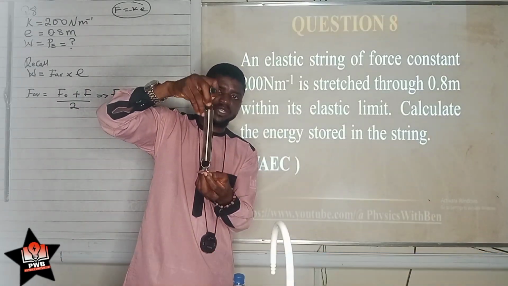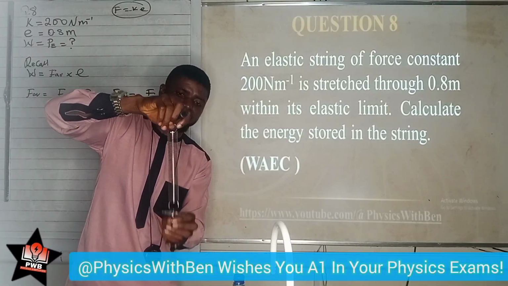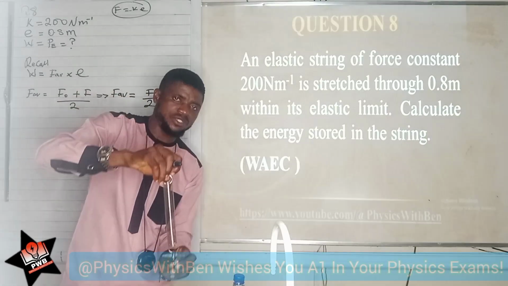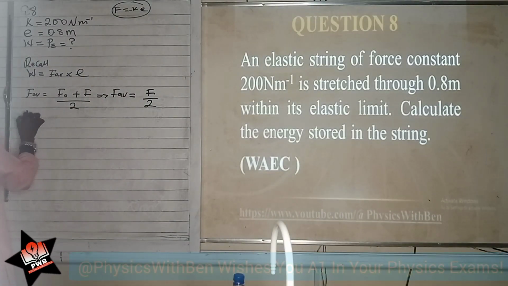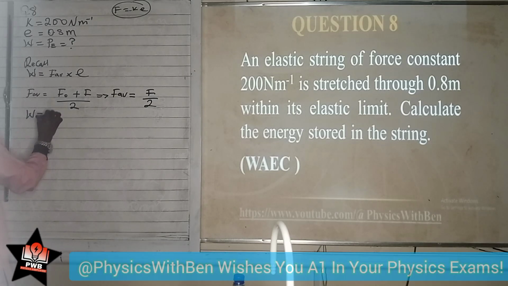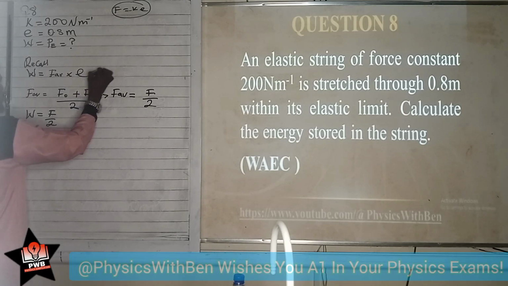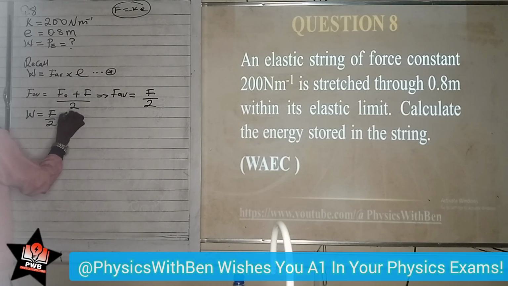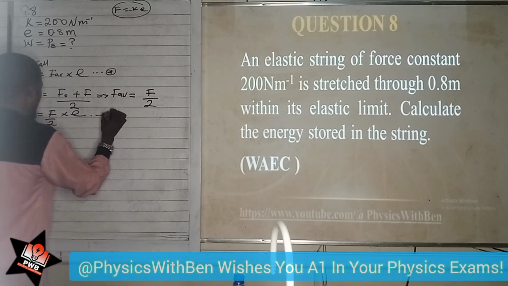By the time we start pulling the spring with a mass or slotted masses, that is when the force will start acting on it. So we write that W is equal to F all over 2 times the extension. Call this equation number 1.